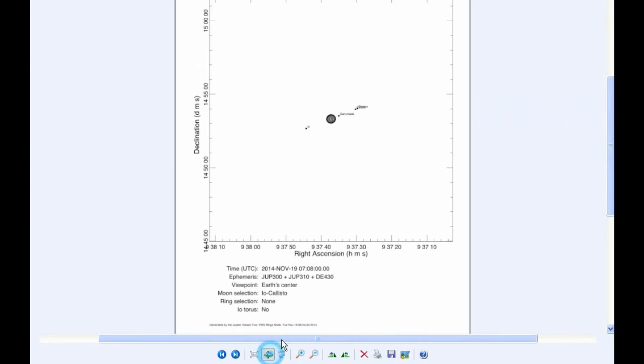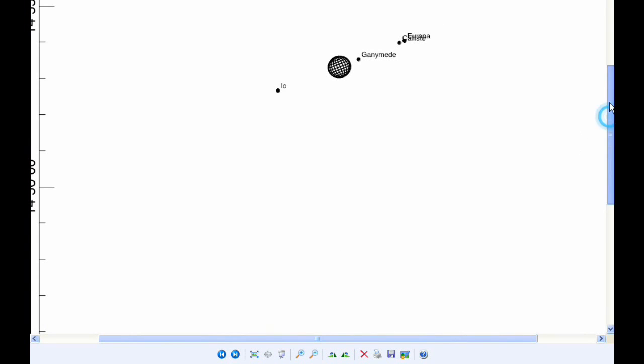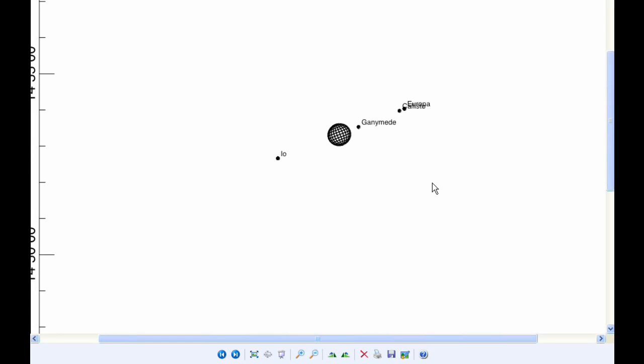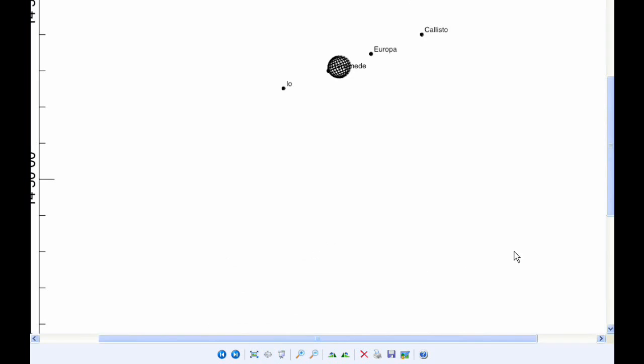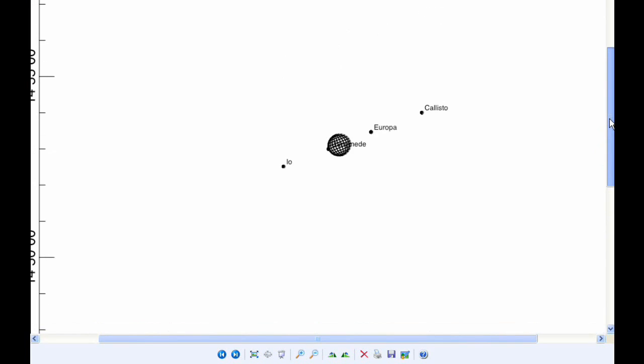At 7:08 UTC, Ganymede reappears from the shadow of Jupiter. At 8:37, Ganymede begins passing behind Jupiter. At 12:17, Ganymede reappears from behind Jupiter.